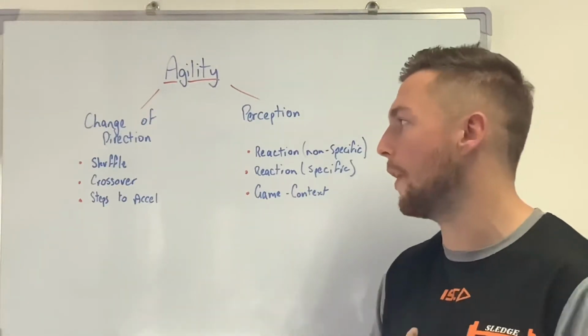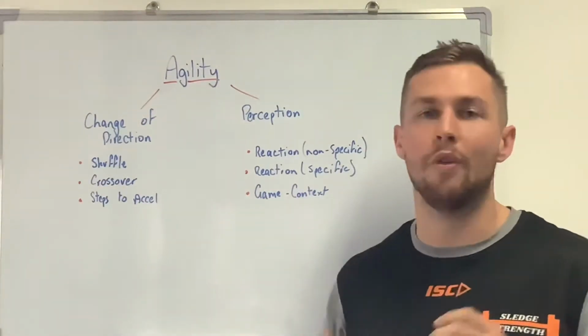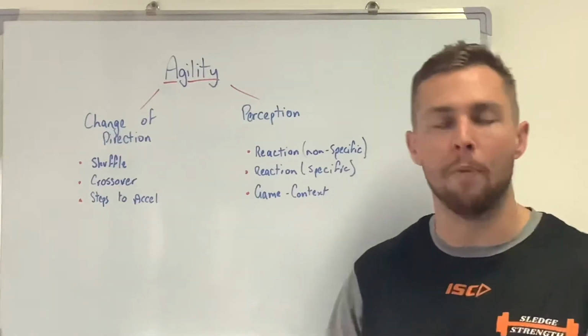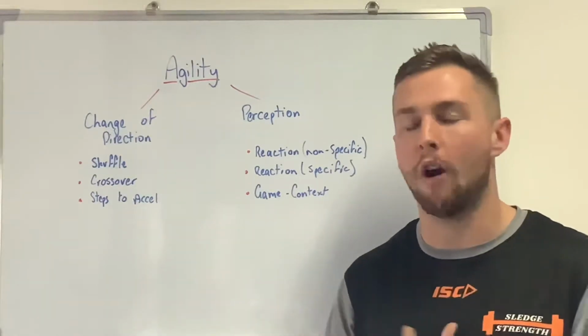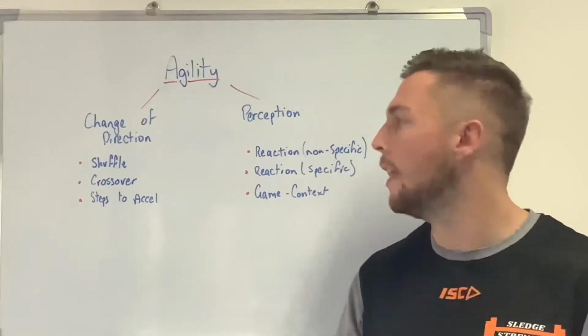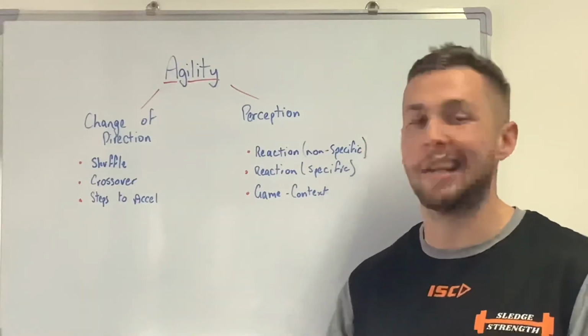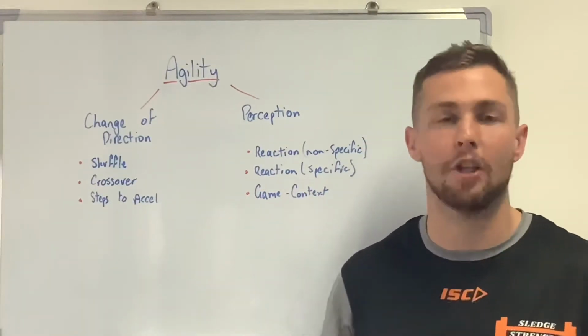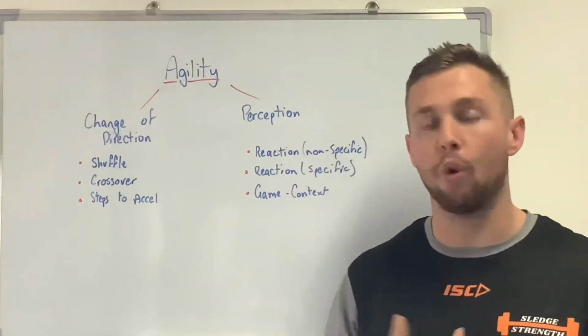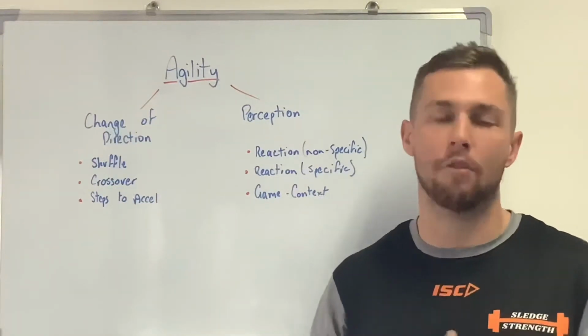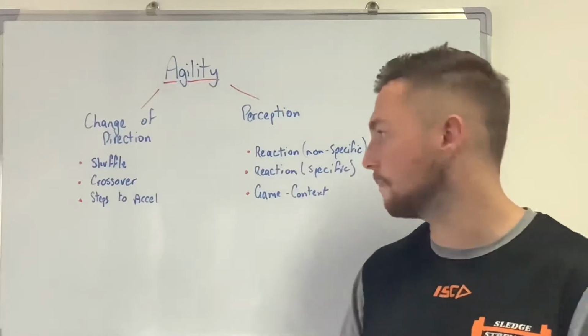So it's important that we learn these in a closed environment and then open them up to more open reactive environments. But we have to learn the skills of each component in isolation, so then we know how to position our body and use these tools to get out of sticky situations and evade defenders.